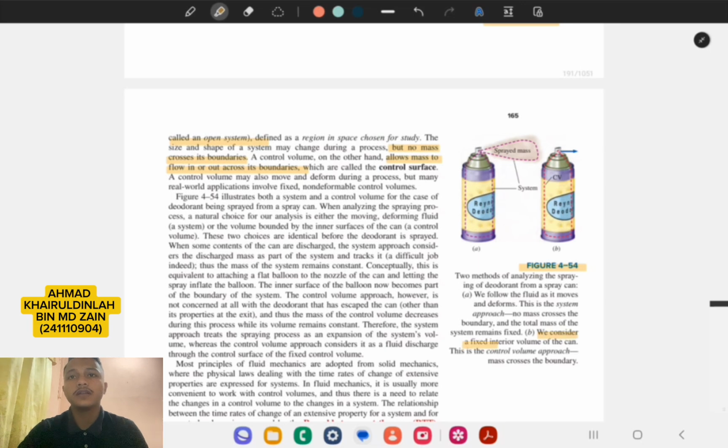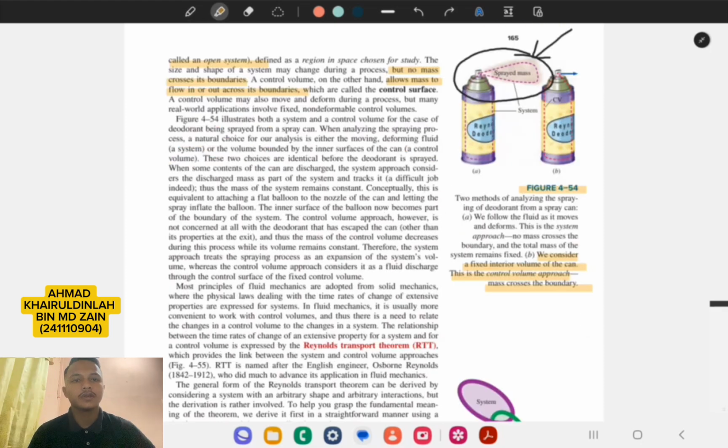And then the second one, we consider a fixed interior volume of the can. So this is the control volume approach. The mass crosses the boundary. So whenever we spray the deodorant can, the spray flows out, so this is the control volume approach. The control volume approach is not concerned at all with the deodorant that has escaped from the can.